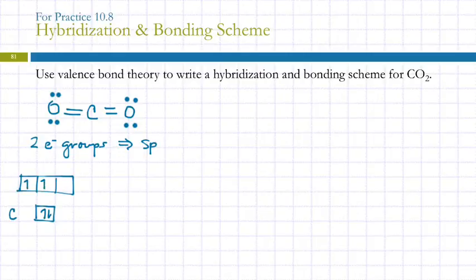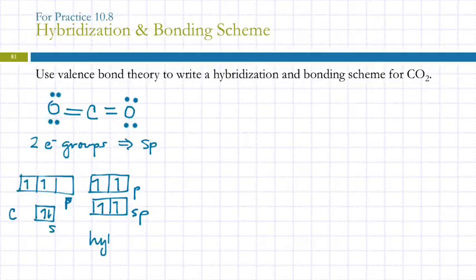I'm going to take the s and one of the p orbitals and hybridize that. Then I've got two p orbitals left. So this is sp and this is p. And then the electrons can spread out and each have their own orbital. So this is hybridized.